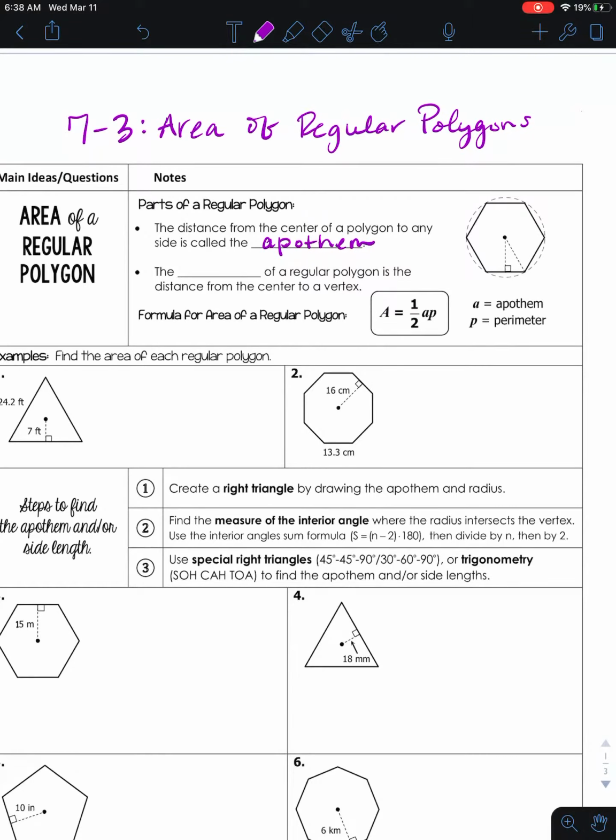Okay, so right here, this is the apothem. It goes from the center straight down, perpendicular to any side. So if this is my apothem, this is the side of the polygon.